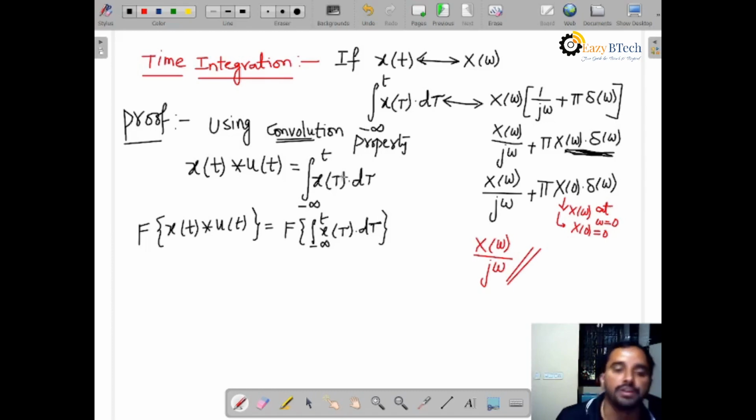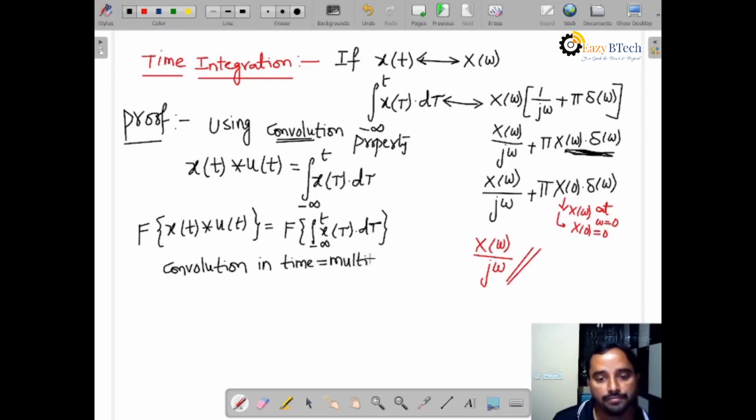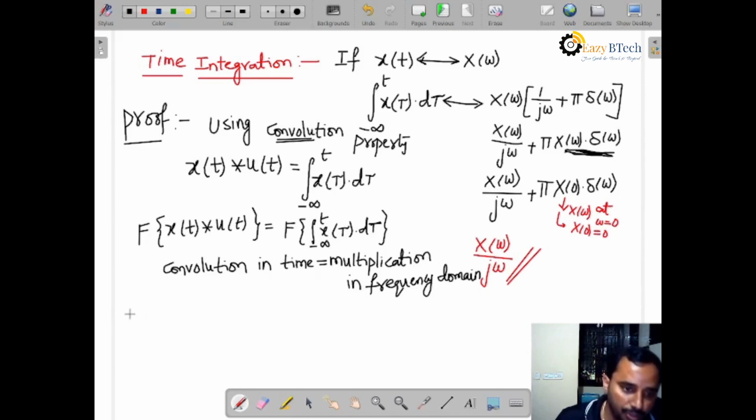The convolution property says that convolution in the time domain is equal to multiplication in the frequency domain. This is the convolution property. As per that, I go to the next step.